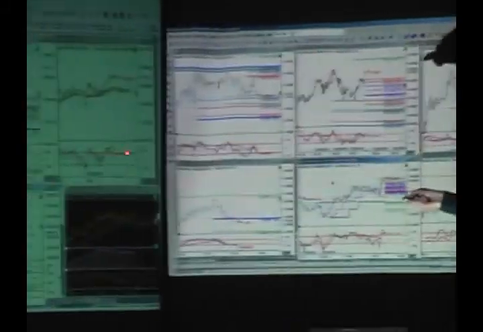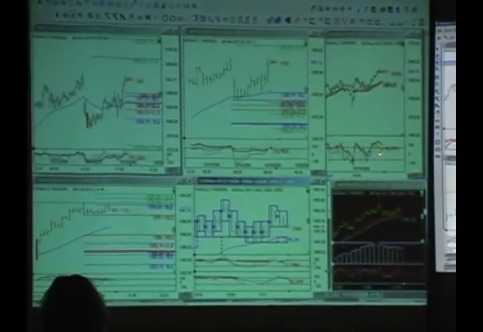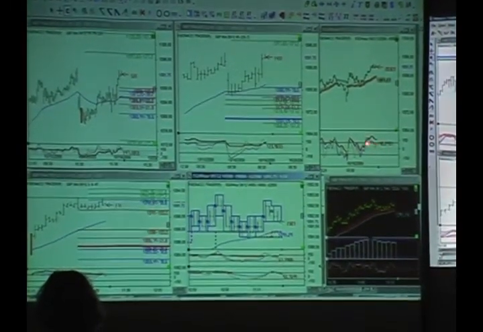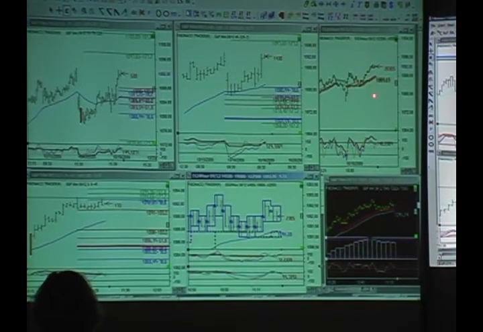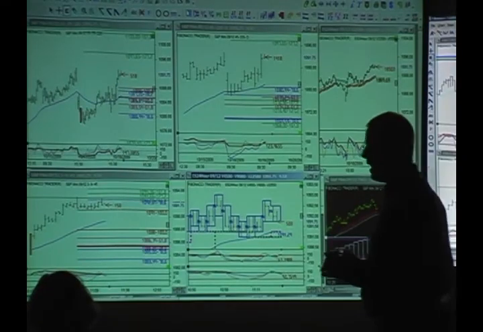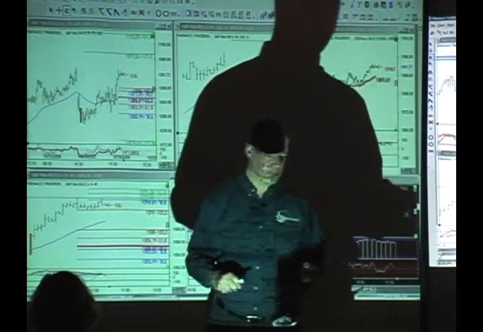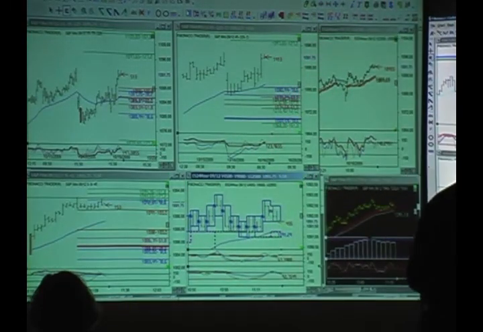This is already extended. It's not setting up exactly at the moment for a trigger. This chart is actually saying it might need more of a pullback before it can make another push to targets. So you only have a short time frame trigger. You have to look at the short time frame targets. So that's why that trade is iffy, and it depends on where you are in the trade. Okay?